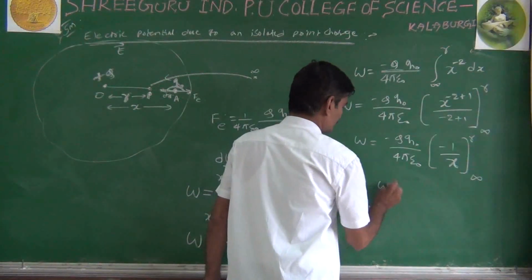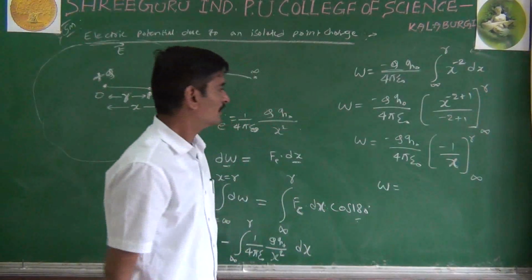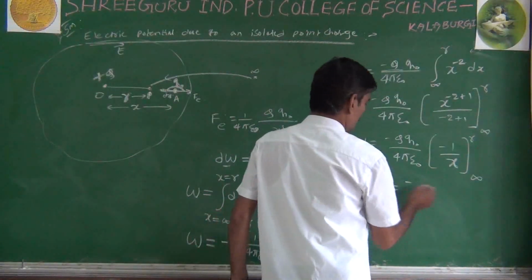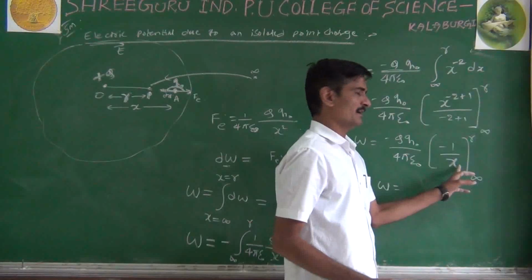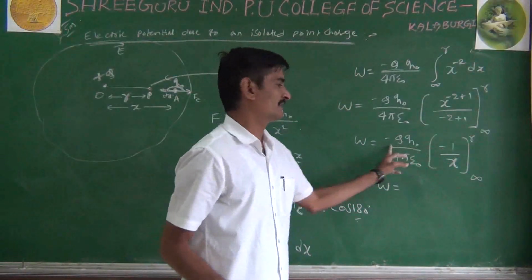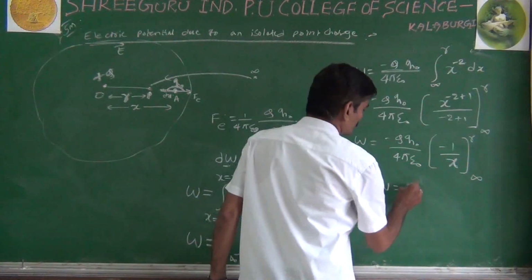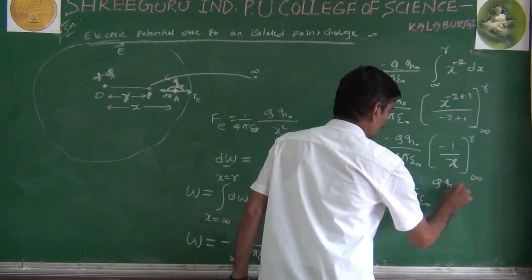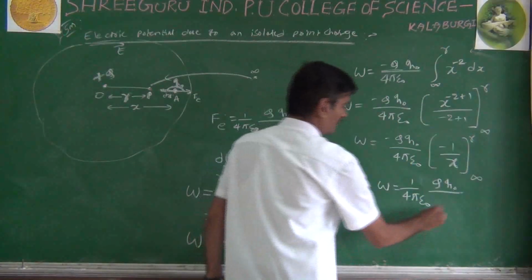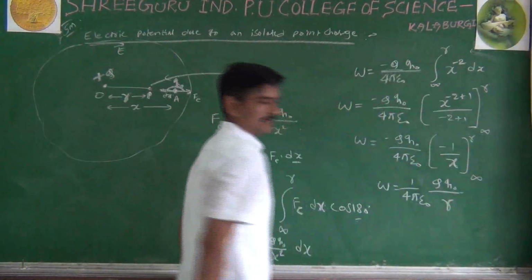Once you substitute the limits, you will get W equal to minus, 1 by r minus 1 by infinity, and minus minus cancel. So you get directly 1 by 4 pi epsilon naught, q naught divided by r.